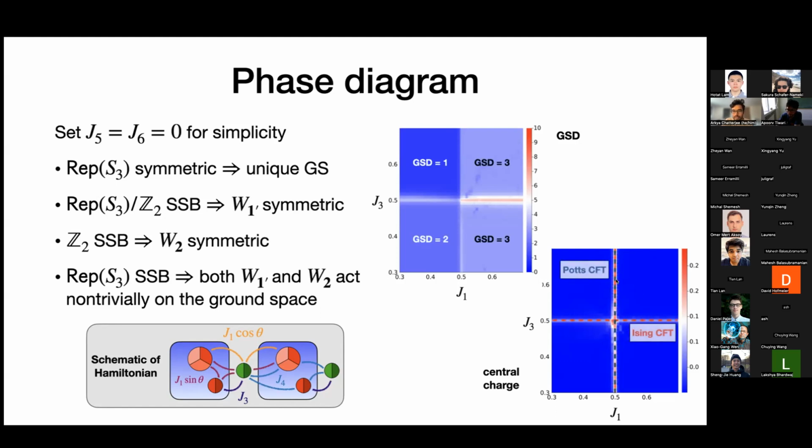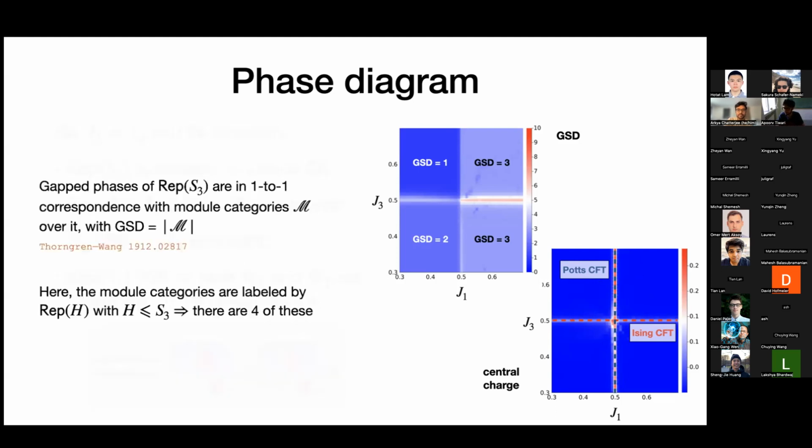Okay, good. Just labeling the phase transitions again. I'm not showing the numerical computation of central charges, but we've done that and those match these CFTs. And I want to say that this matches with the expectation that gapped phases of fusion category symmetries are in one-to-one correspondence with module categories over them.